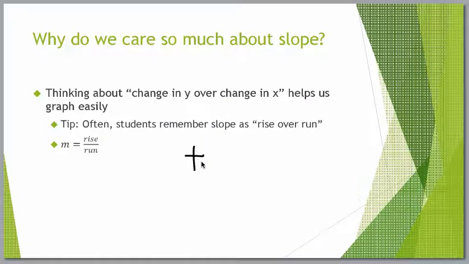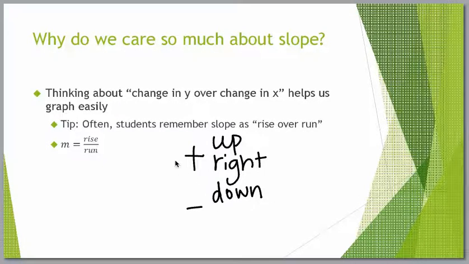So if you have a positive rise, that's going to be up. And then the run, if you have a positive run, that's going to be running to the right in the horizontal direction. And then just opposite for negative. If you have a negative rise, sounds kind of odd, that means you're going down, right?